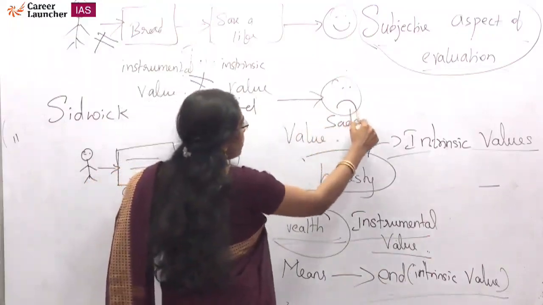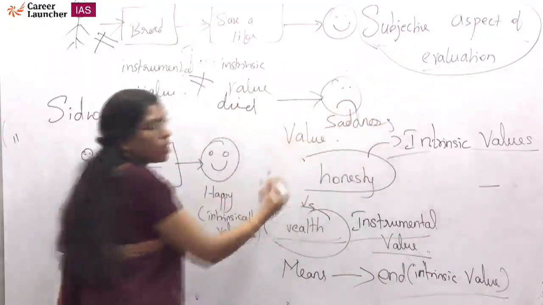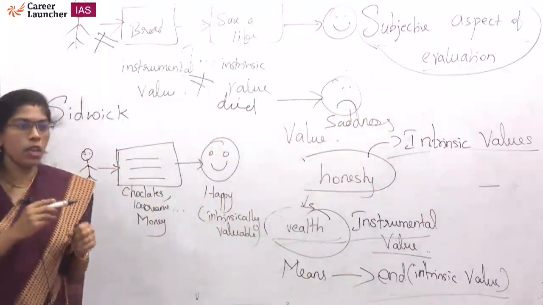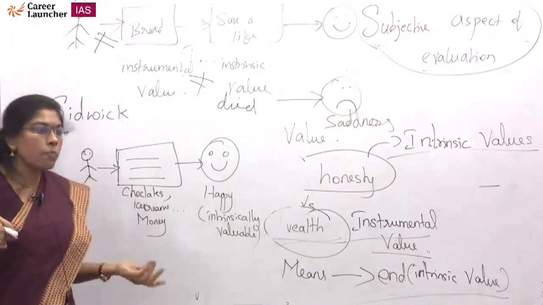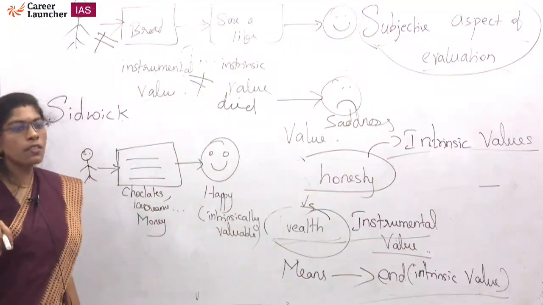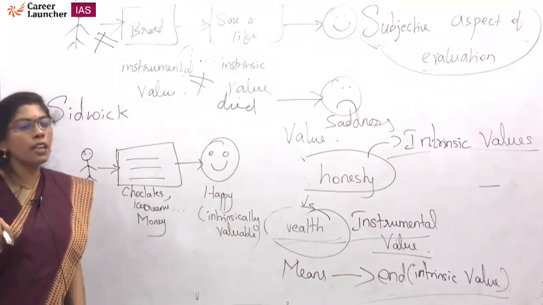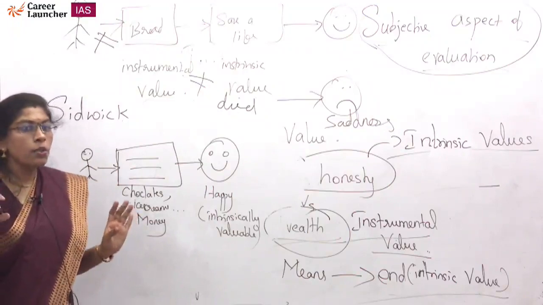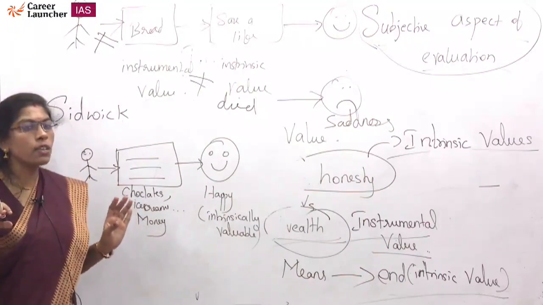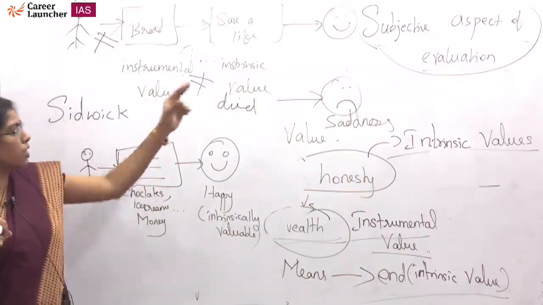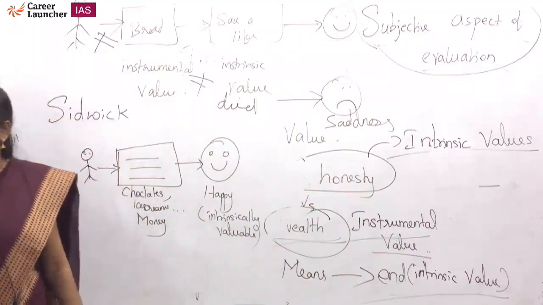Both are taken as aspects for evaluating a process, any procedure, any way. If you speak the truth, you feel happy because your mother said that you have to speak the truth at any cost. If you told a lie, then you feel sad, depressed, that I have done something wrong. So this is the specific term for the subjective aspect of evaluation.